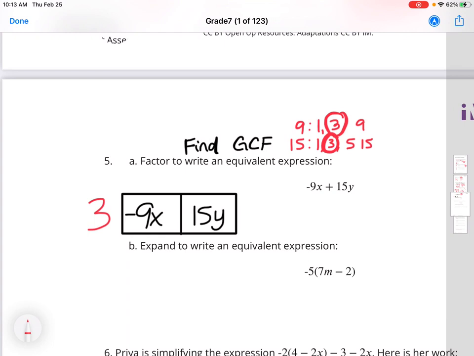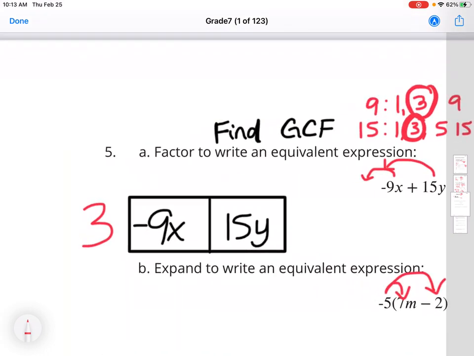So when we expand and apply the distributive property, we multiply by each term inside. Whereas when we're factoring, we're working backwards, so that means we need to divide out of each term. So negative 9x divided by 3. So 3 times what would give me negative 9x? Negative 3x.